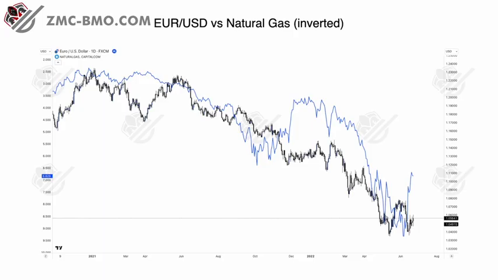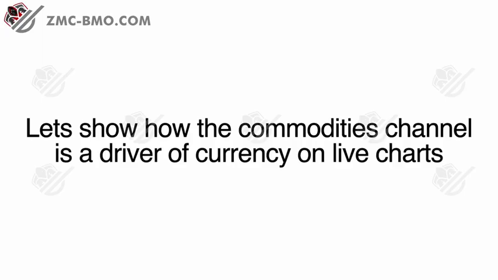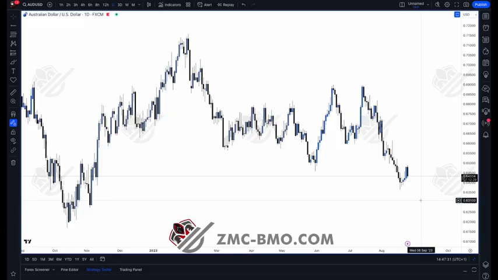But for now, let's look at how the commodities channel is a driver of currency on live charts. So, commodities. As you learn with commodities in particular, the real consideration is it's not always commodities higher, so this currency has to drive higher, because it depends on what is actually driving the currency.